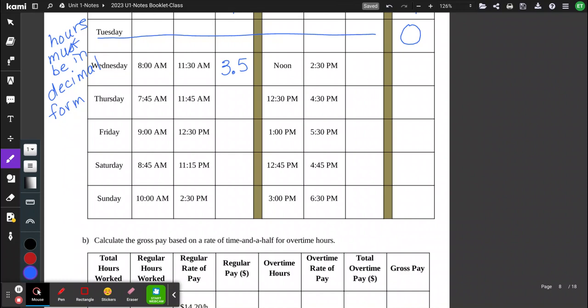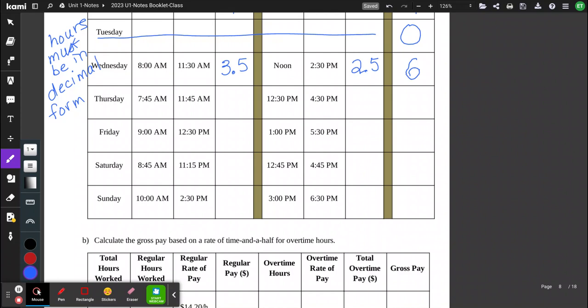Now, noon to 2:30, that's noon to 1 to 2, that's 2 hours. 0.5 would be the extra. So you would have 2.5 hours. Now we're going to add 2.5 and 3.5. We're going to get a total of 6 hours worked that day. Now we're going to look at Thursday. 7:45 to 11:45.